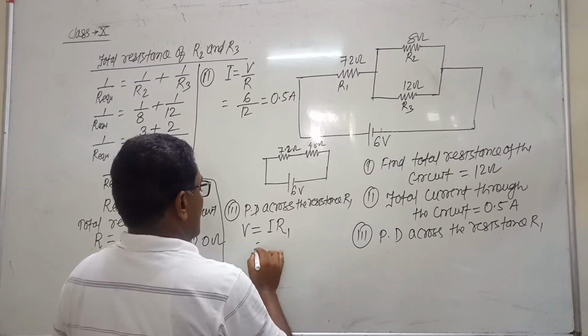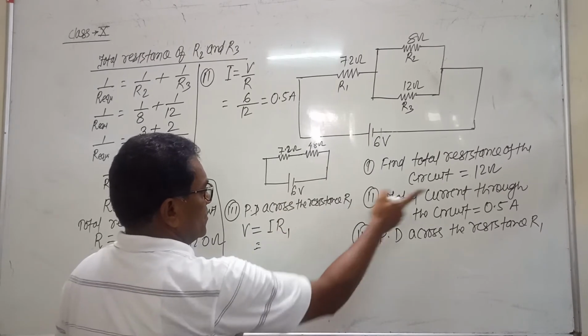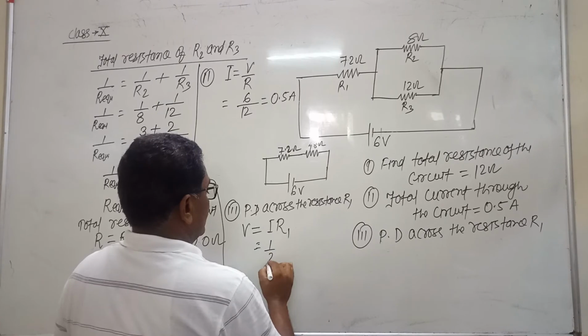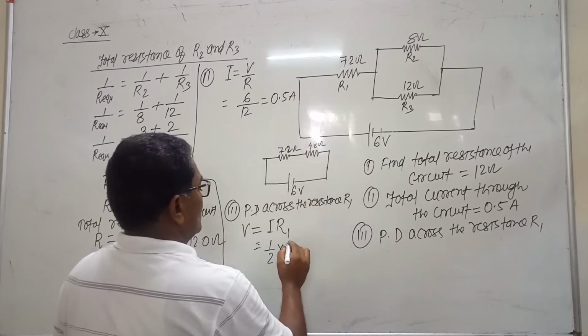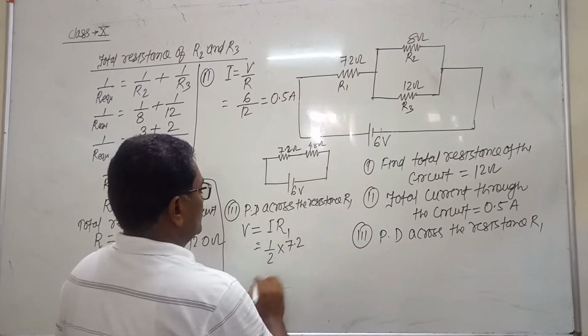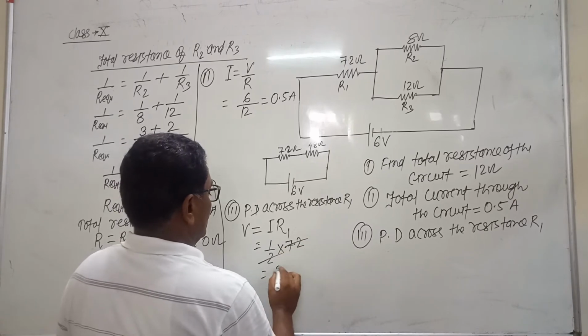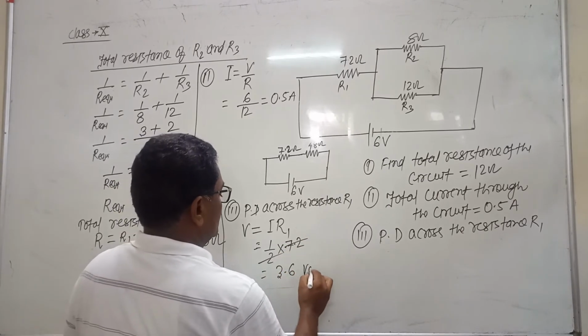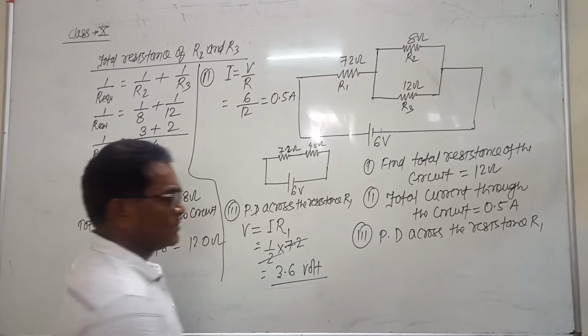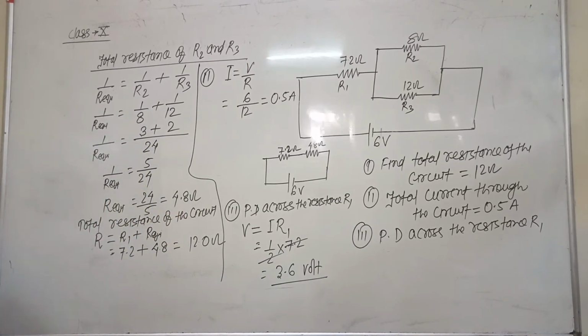The total current is 0.5, which is also written as 1 by 2, and the value of R1 is 7.2. So this comes to be 3.6 volt. So the potential difference across the resistance R1 comes to be 3.6 volt.